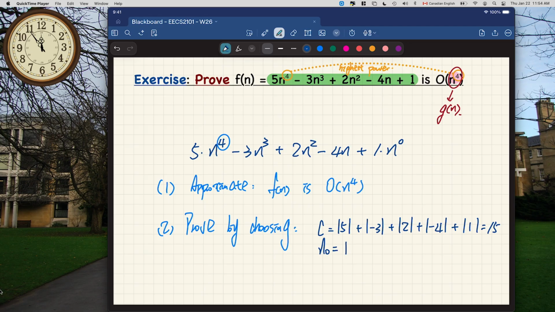But let's verify. I just want you to get very explicit again, practicing how to state the upper bound. So we talk about the C and also N0, these two. And we got 15 and 1. And verify right here.